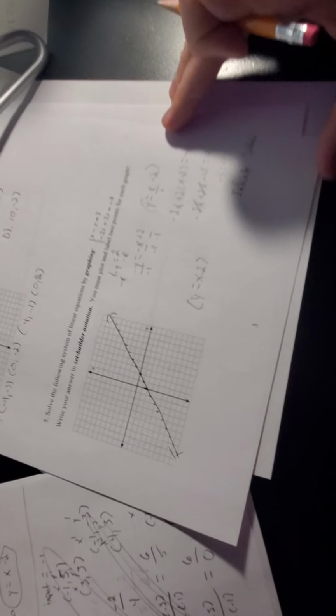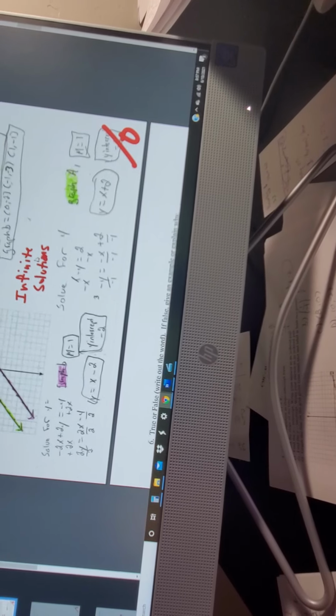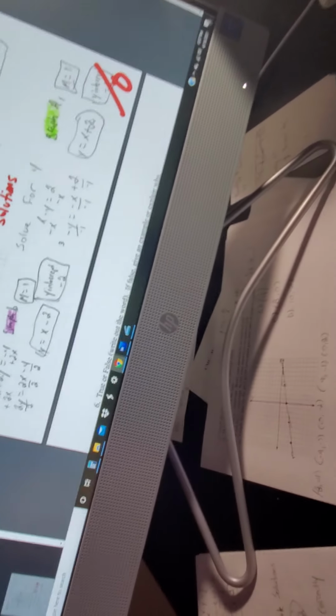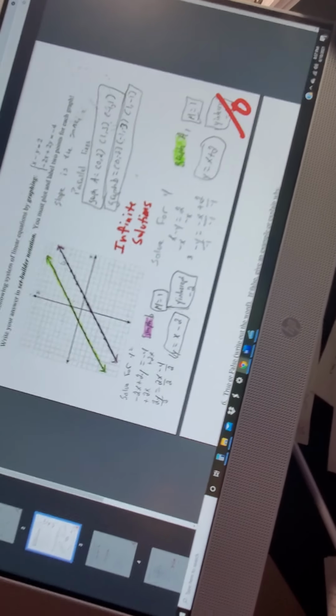Just for all intents and purposes, I'm showing you what I did wrong there. It was not properly evaluating when it came to, once again over here, my 2 divided by -1, it was not +2, it was -2. That's why I had a completely different graph and everything. So with that being the case, that is what I got for 5.